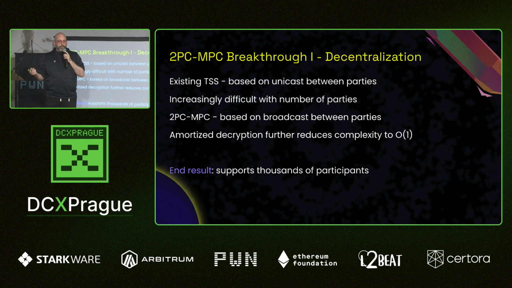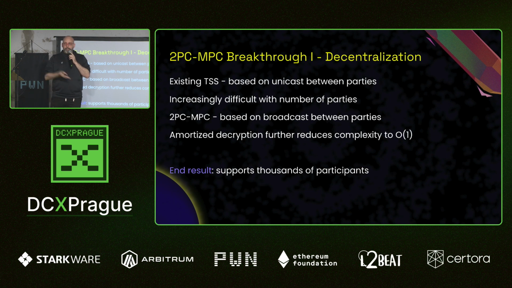If it's 2 parties, they just need to talk to each other. If it's 3 parties, now each party needs to talk to 2 other parties, right? And so on and so forth. That's why when you get to 20, it becomes very slow and complex. In 2PC MPC, we were able to build a protocol that has broadcast communication. That means that every party sends one message to everyone, and that's that.